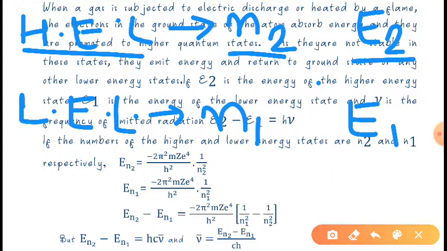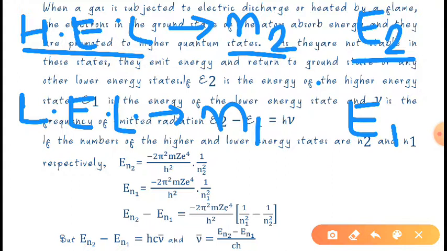Let me repeat again. During this process, some energy will be emitted, and that energy will be in the form of spectral lines. The magnitude of the emitted energy will be equal to the difference E2 minus E1.